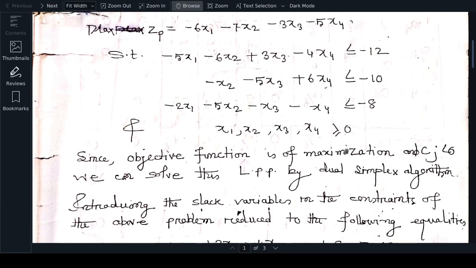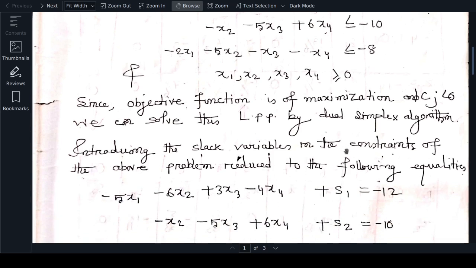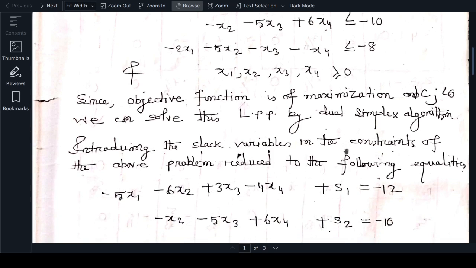For the first constraint, we use a slack variable. Similarly, in the second constraint, we use again a slack variable. In the third constraint, we also use a slack variable. So S1, S2, S3 for these three constraints, right?